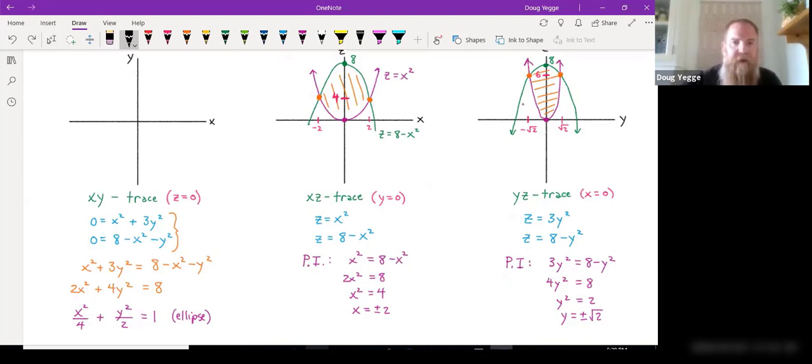So I spread 2 units in this direction, but in this direction I'll be spreading less because root 2 is about 1.4. Therefore, this is the XY trace.